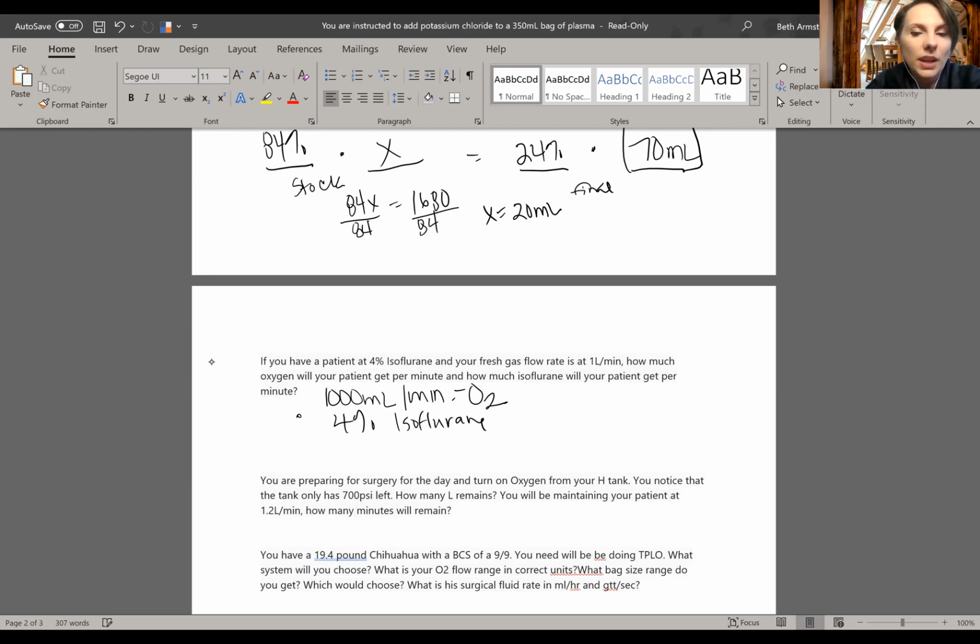If you take 1,000 mLs times 0.04, how much of that is isoflurane? 40 mLs, good. So 40 mLs of that is isoflurane per minute. So how much then is technically oxygen now?